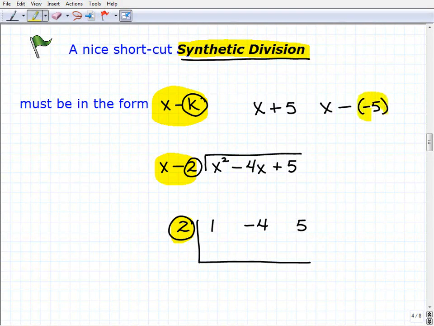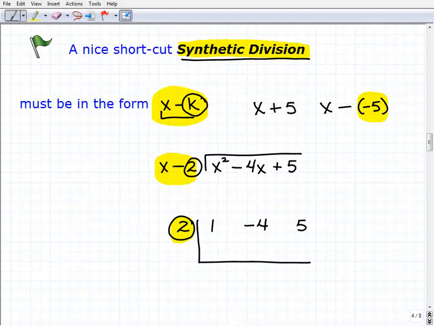So in this case, our k would be negative 5. All right? So let's take a look at this problem. Let's say we wanted to divide x squared minus 4x plus 5 by x minus 2. Now of course we can use long division, what we just learned. However, anytime you have x minus or plus a number, we want to use synthetic division.